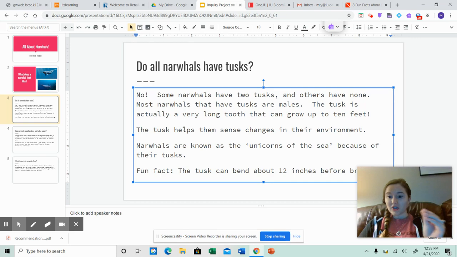It actually has a ton of nerves in them, and those nerves help them sense changes in their environment. So maybe if a predator is coming or prey that they can go find and eat to help them survive. And then I also put a couple of fun facts in here, things that I thought were very interesting and things that my audience would want to know about.